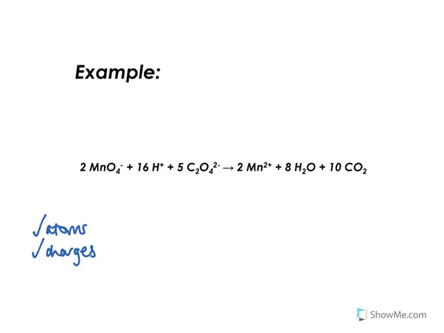Okay, let's have a look in more detail at this reaction then. So the first thing that we could do is assign some oxidation numbers to each of the substances in this reaction. So here we've got manganese and oxygen. Here we've got oxygen would be minus 2 in this. Minus 2 lots of 4 is minus 8, so that's plus 7.